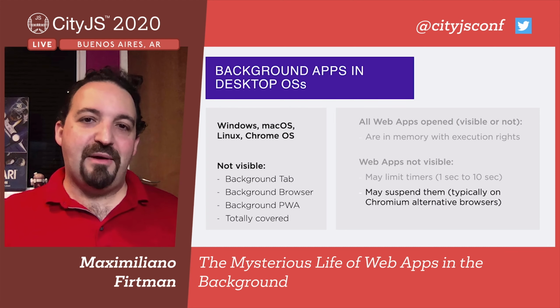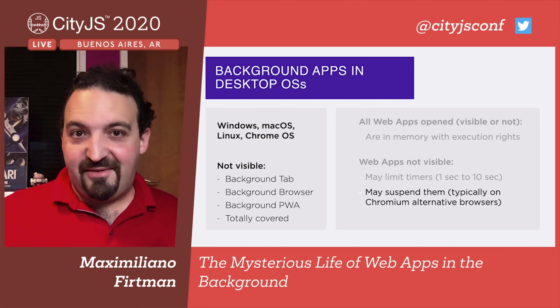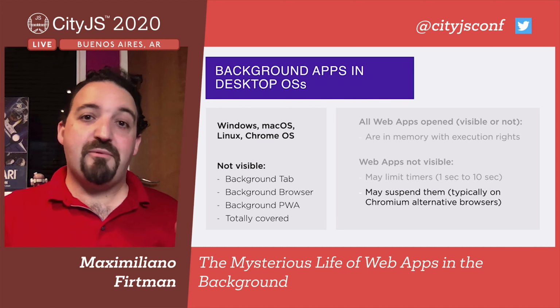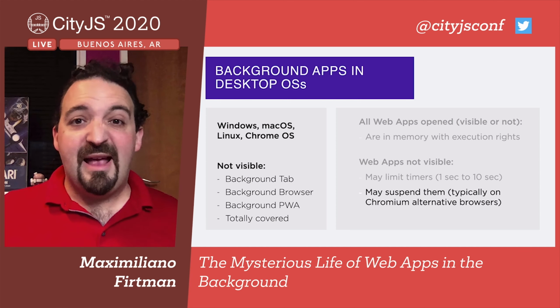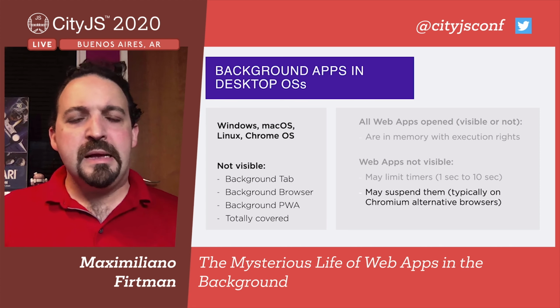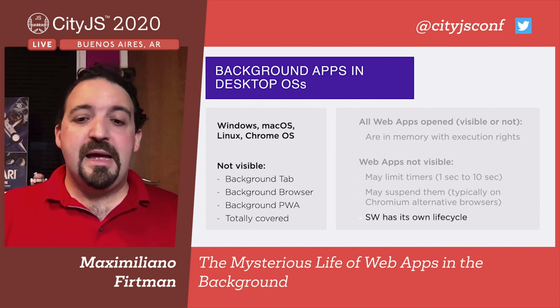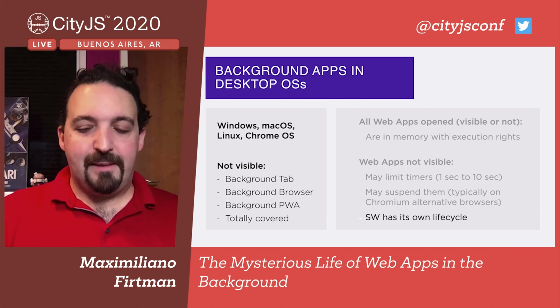So these browsers are targeting users who want to save battery. So basically when a tab is in the background or is hidden, they will freeze the tab, they will suspend the tab, and sometimes they might even discard the tab from memory. Remember that service workers have their own lifecycle, so they might still be running there for a while.